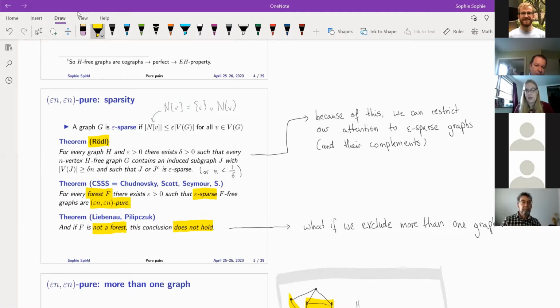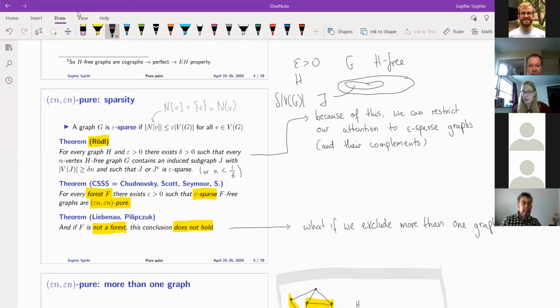So it's saying if we have a target sparsity epsilon, then if we look at a big graph G, which is H free, there is some linear size subset J of size at least delta times the number of vertices in G. And additionally in J, either J itself is epsilon sparse or its complement is.